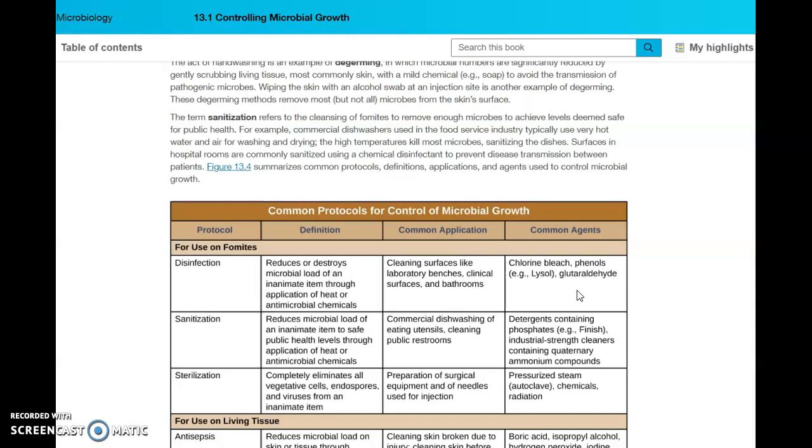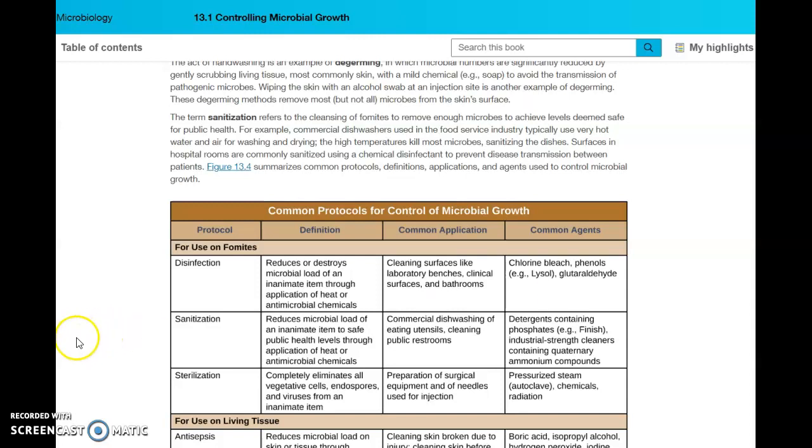Commercial dishwashers use much hotter water than we have at home, and they are very quick. When you put dishes in your dishwasher at home, it may take an hour or more. Commercial dishwashers can do the same thing in 5 or 10 minutes, because they're using such hot water. They also typically use hot air for drying, and so this is going to kill most microbes.